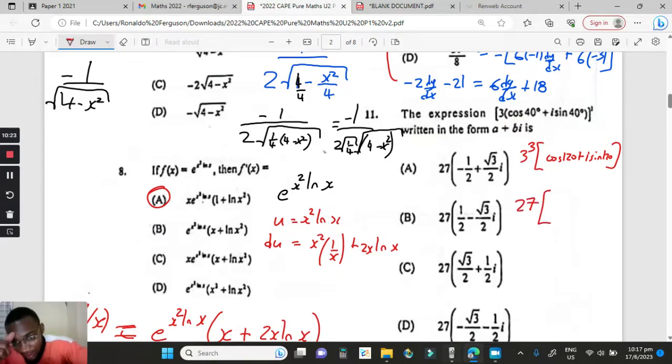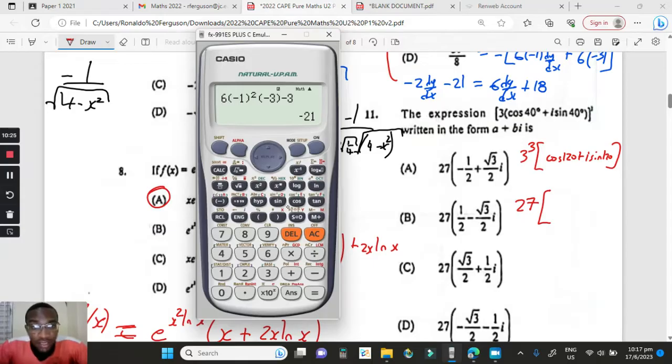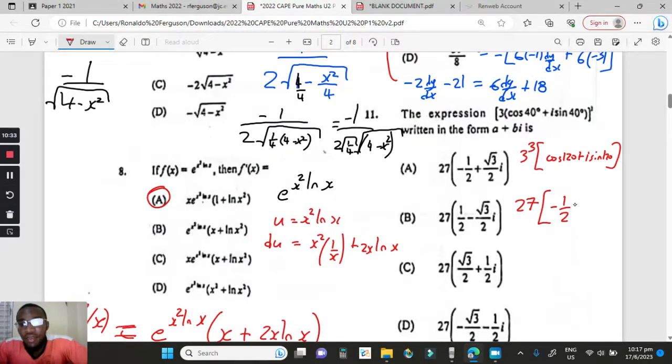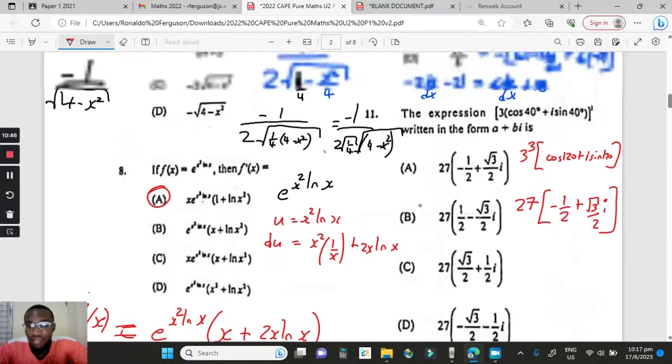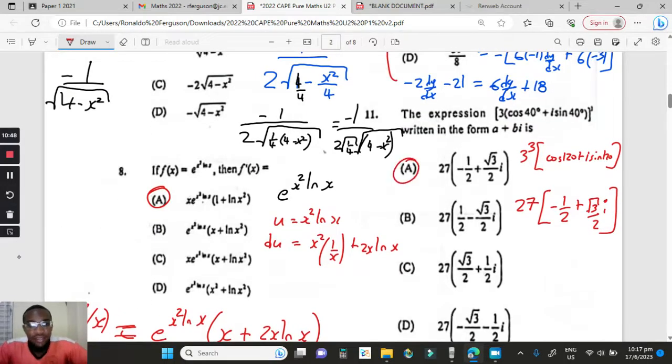Cos 120, put in a calculator, cosine 120 degrees, make sure it's in degrees. That's negative half. Plus i sine 120. Sine 120 is the same as sine 60, which is root 3 over 2 i. That's the answer. So we're looking for minus half here, A.